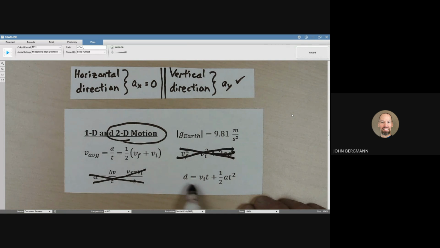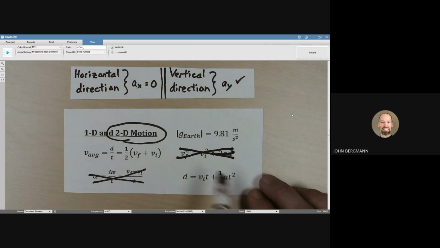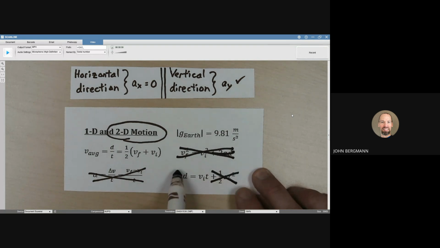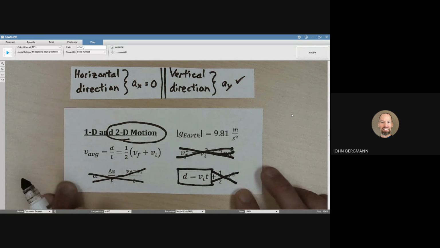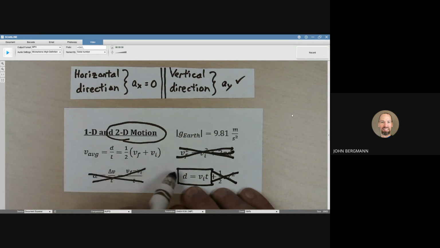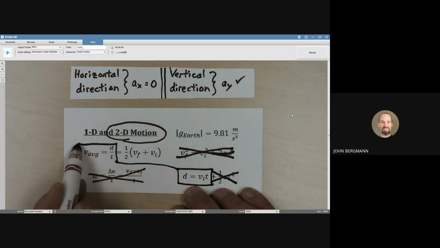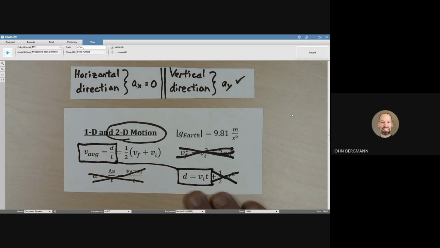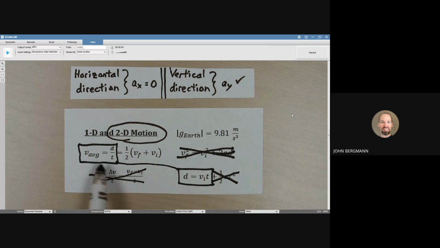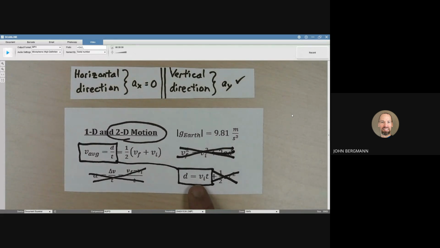And in the x direction, if the acceleration is equal to 0, you can see that this term will go away, leaving us with only that portion that applies in the x direction. And isn't it true that that equation is essentially identical to that one right there? In the x direction, therefore, the only equation that really applies is this one in the lower right.